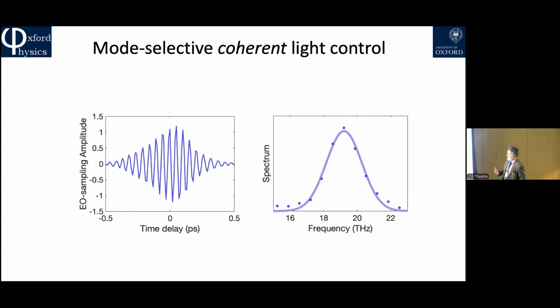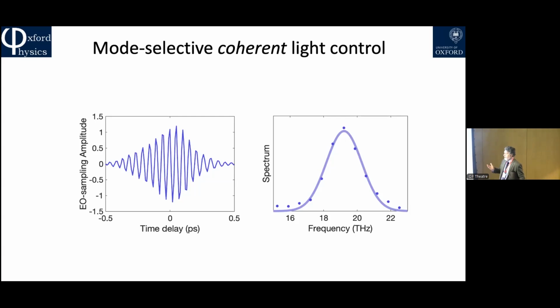Mode-selective means that you can create pulses of light down to the mid-infrared and far-infrared regime, which are short in real time, of the order of less than a picosecond, and at the same time have a well-defined and tunable frequency. This has created the possibility of having a handle on matter that can address individual excitations that are coupling to light.